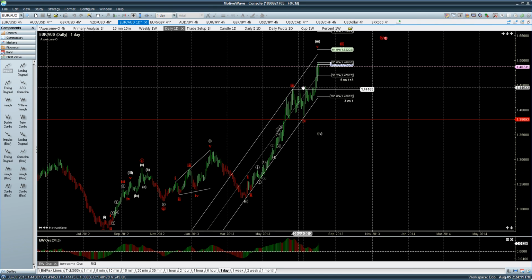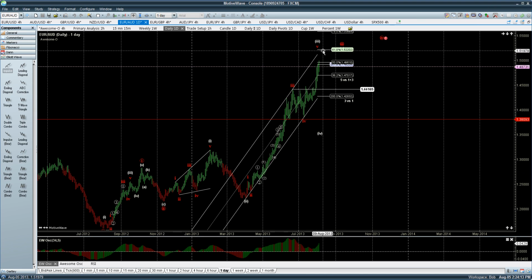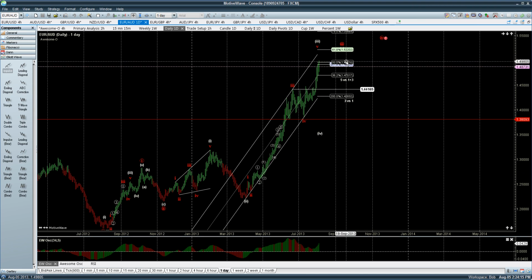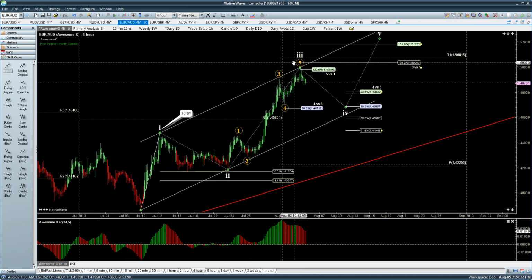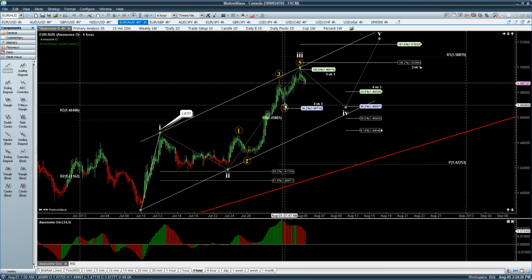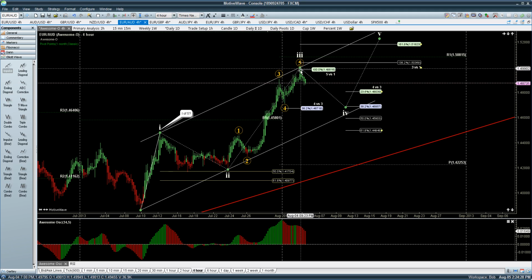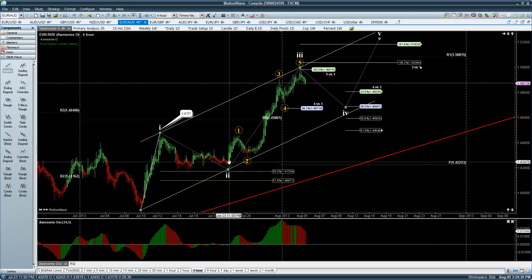And the way it went, I do believe we could see higher yet. I'm not sure if this is the end of wave 3 here. This yellow wave 5 does equal wave 1 here.